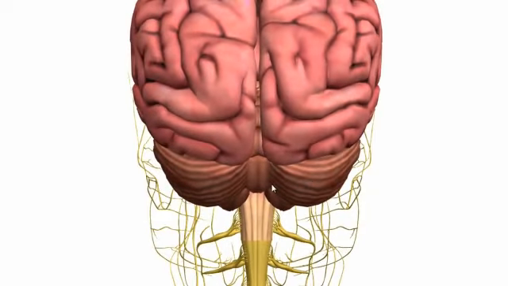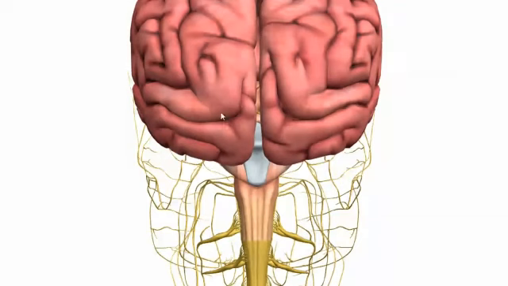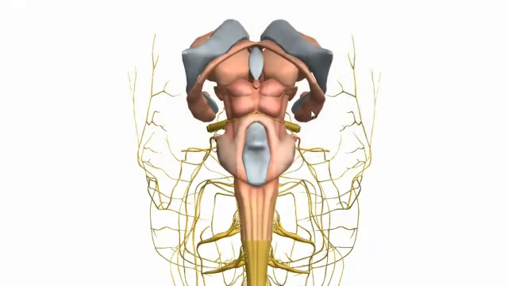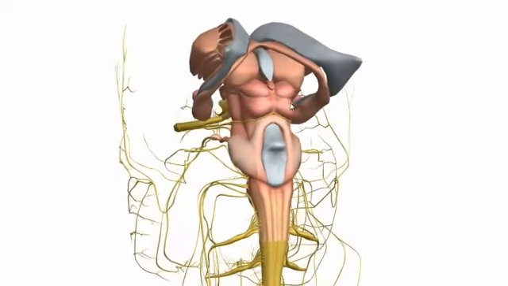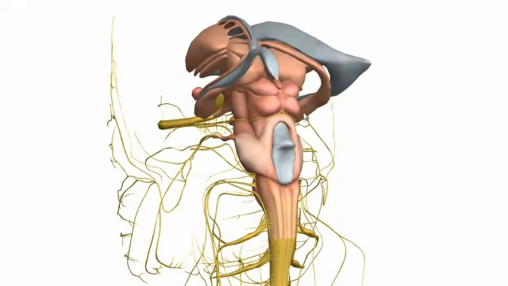If I remove the cerebellum, and I'll remove the hemispheres as well, we can see the midbrain here, and you can identify it by the colliculi. So that's the midbrain sitting there, and this is the dorsal surface of the brainstem.